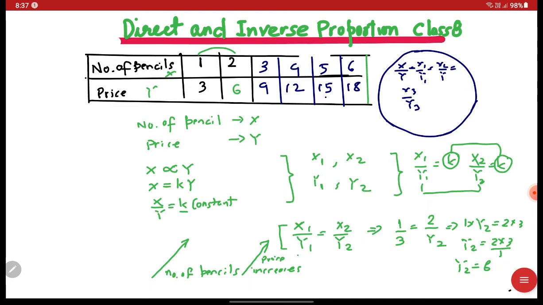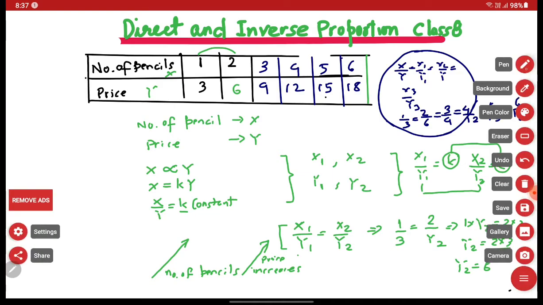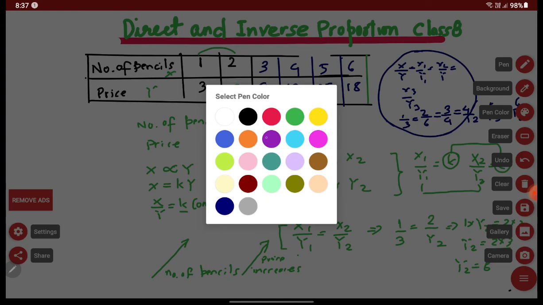I'll find x by y: 1 by 3, x1 by y1, 2 by 6, x2 by y2, 3 by 9, then 4 by 12, going forward 5 by 15, and then 6 by 18. If you cancel it, you will probably see that they are the same number.